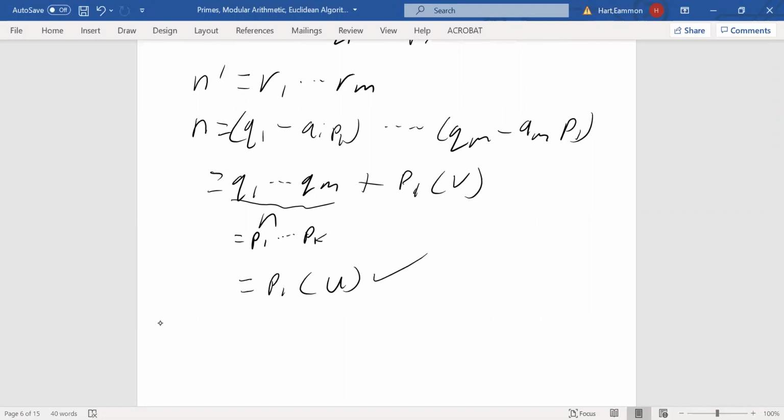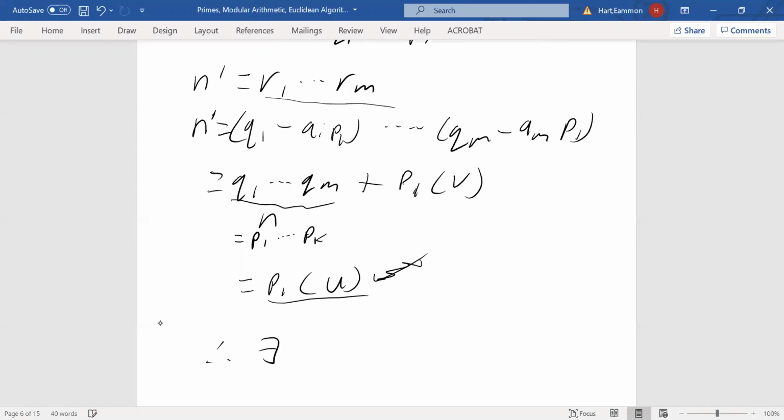But that tells me that there are, in fact, two different prime factorizations. Sorry, this should have been n prime this whole time. So that tells me that there are, in fact, two different prime factorizations for n prime, because I have this one, which cannot have any P1s, and this one, which has P1s.